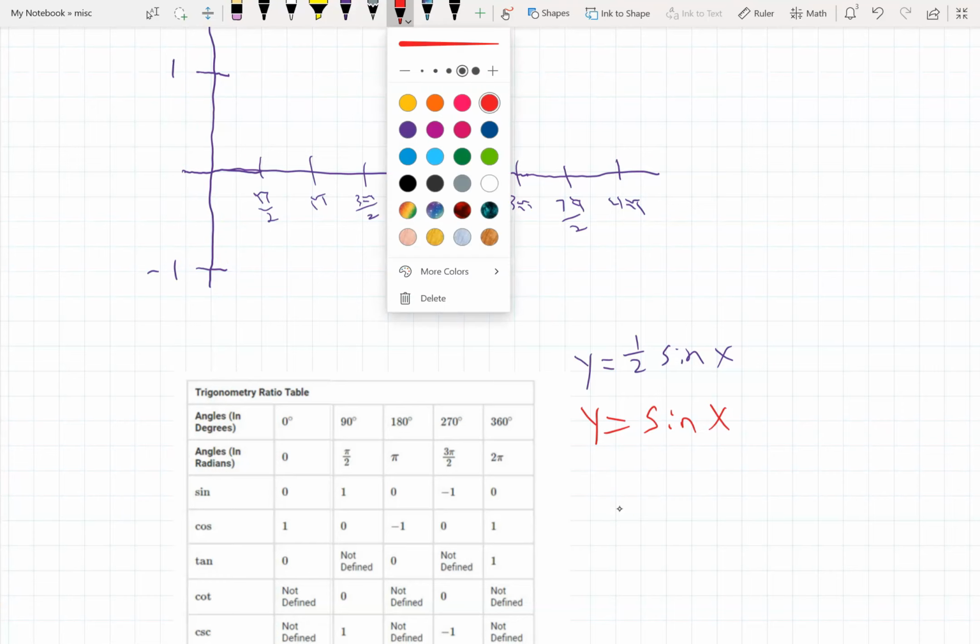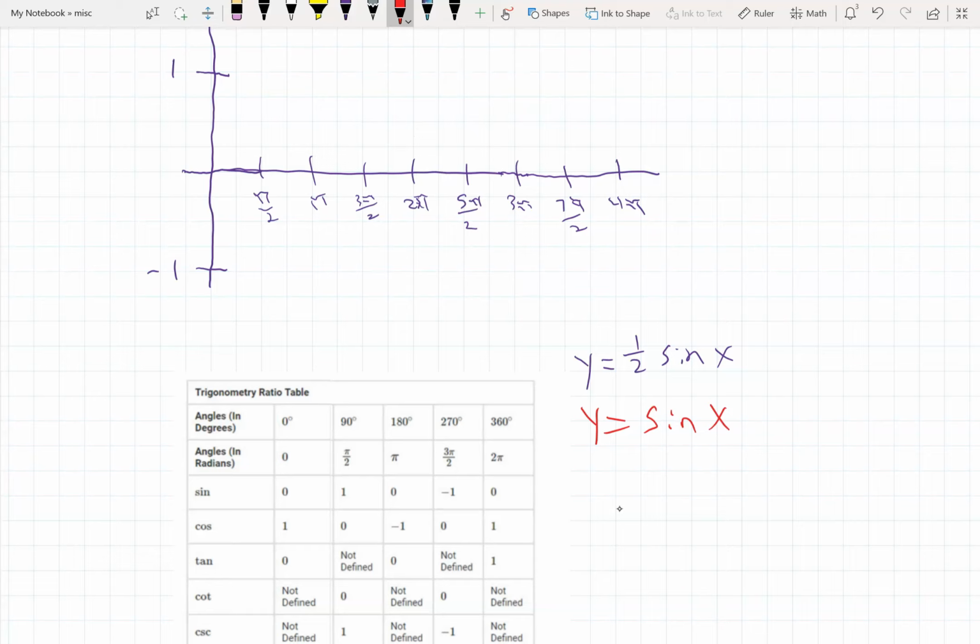So at 0, sine is at 0. At 90 degrees, we're at 1. 90 degrees is pi halves, so at 90 degrees, we're at 1. At 180, we're back at 0. 180 is pi, we're back here at 0.